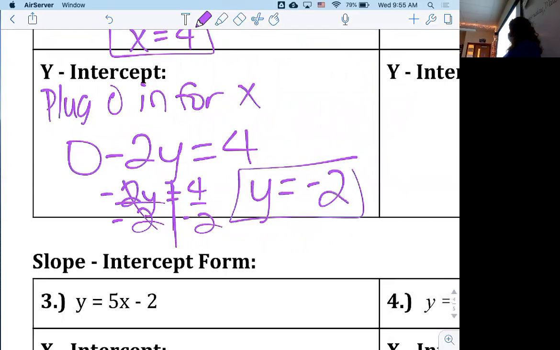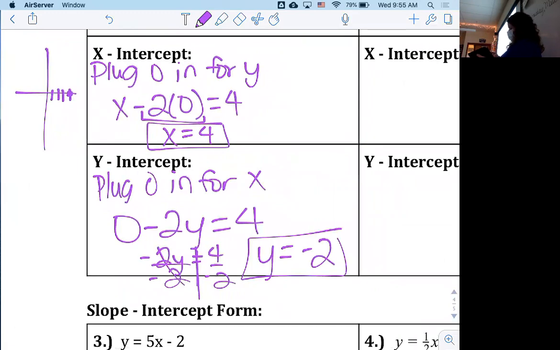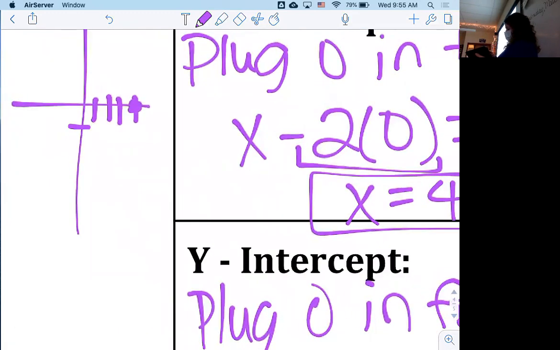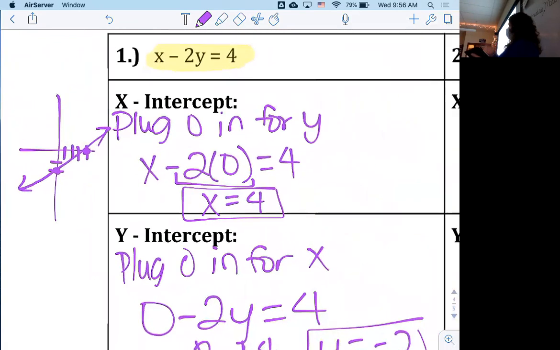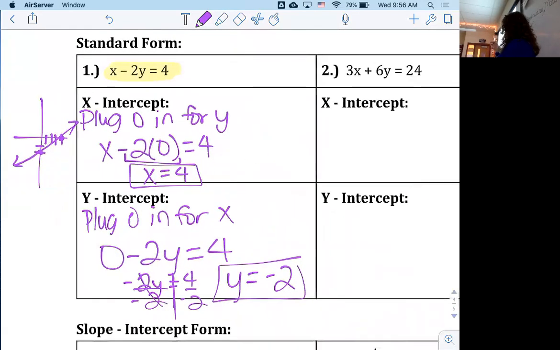What that would mean if we would graph it, like I said, we're going to be doing next unit, is on the y-axis at negative 2, we would have our point, and then we can connect them and make our line. So this is what we're leading up to when we talk about x and y intercepts. We're just looking at it algebraically at this point, but it's going to lead into graphing later on.